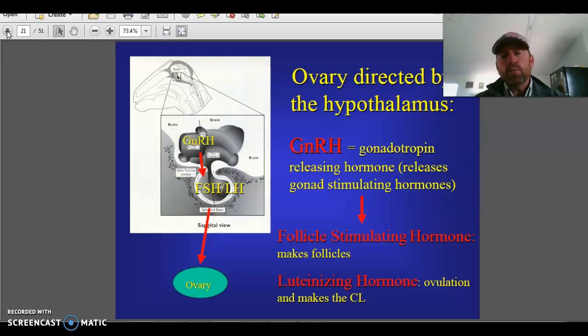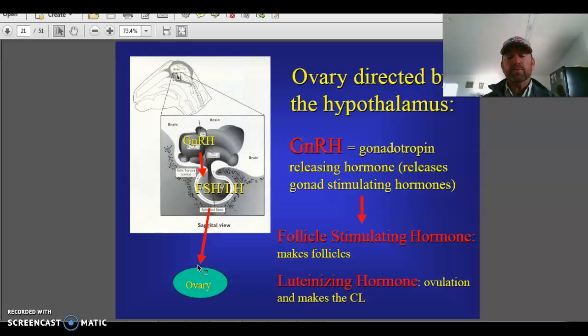So let's just say we are starting the first cycle of a heifer that just hit puberty. So the hypothalamus releases GnRH, which triggers the pituitary to release FSH, follicle stimulating hormone. This FSH from the pituitary here goes and triggers the ovary to recruit follicles.